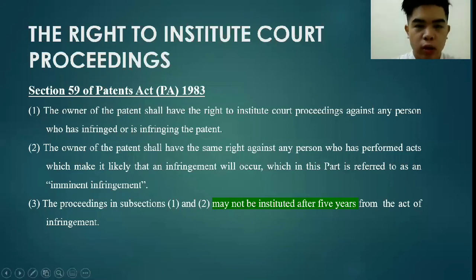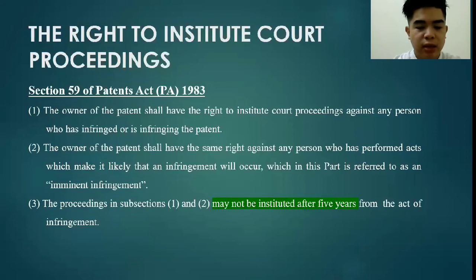Now, I will continue my presentation with the right to institute court proceedings. According to Section 59 of the Patent Act 1983, the owner of the patent shall have the right to institute court proceedings against any person who infringes or has infringed the patent, or who has performed acts that are likely to infringe the patent.